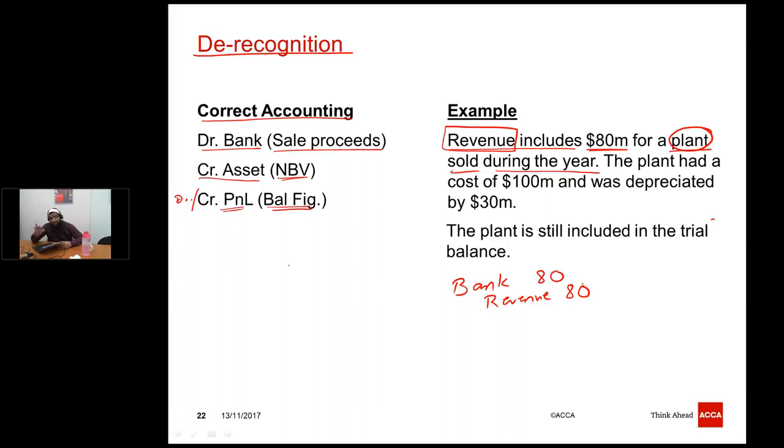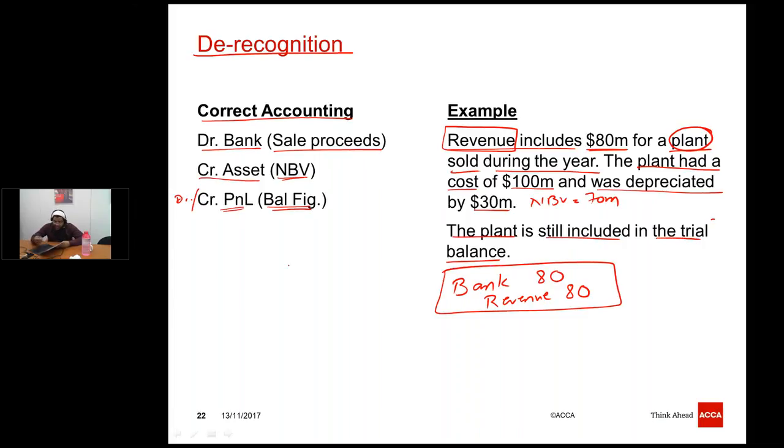Disposing of a plant is not a revenue. The plant had a cost of $100 million and was depreciated by $30 million. So the net book value was actually $70 million. The plant is still included in the trial balance.